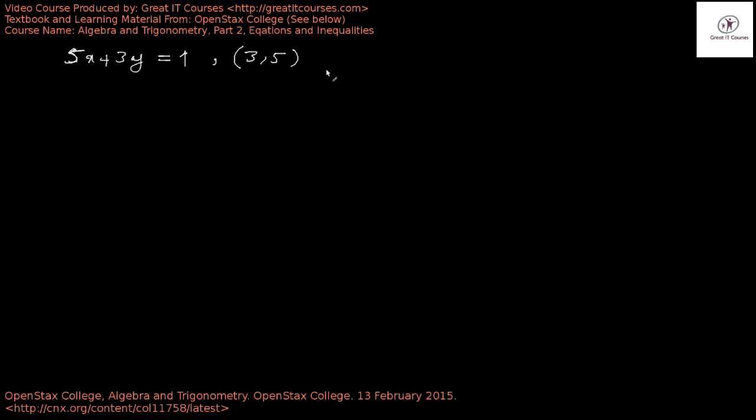So in order to do that, first of all, you already know that in order to write the equation of a line, you always can use the formula y minus y1 is equal to m into x minus x1. So now in this formula I need an x1, y1, which I have over here already, because they told me that the line passes through this point, and I need the slope of the line as well.